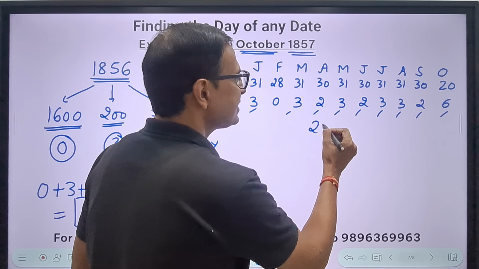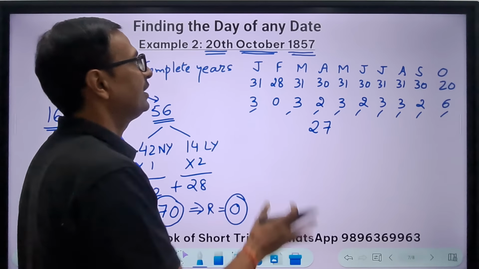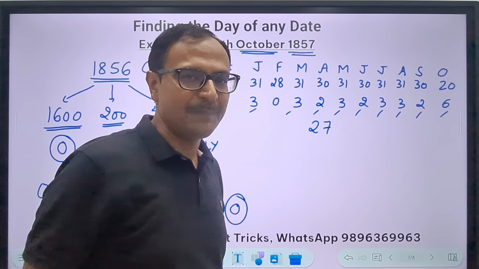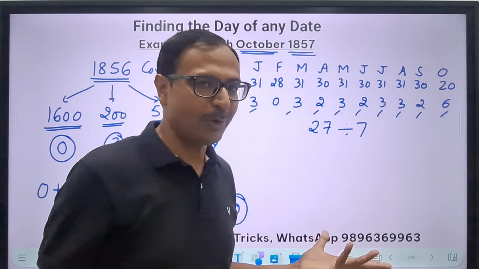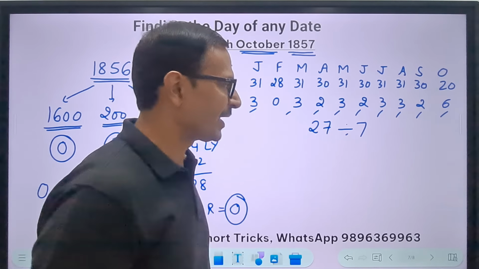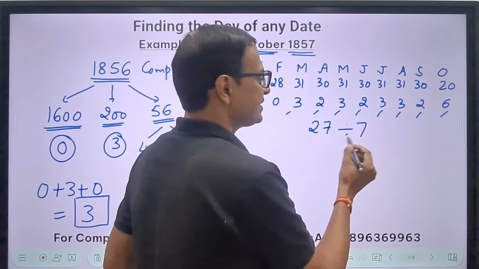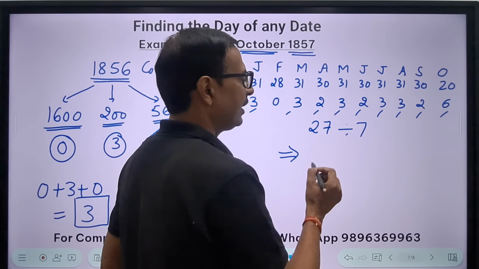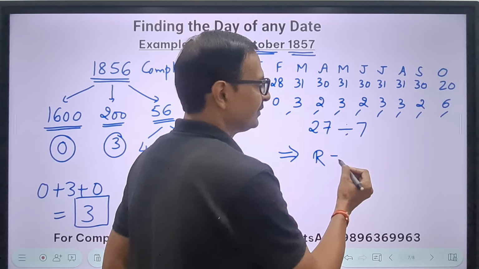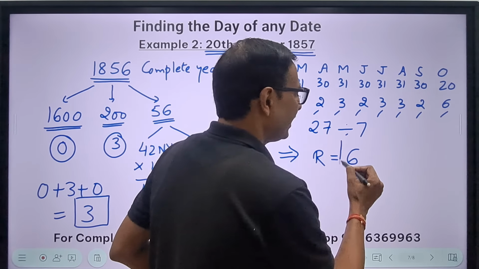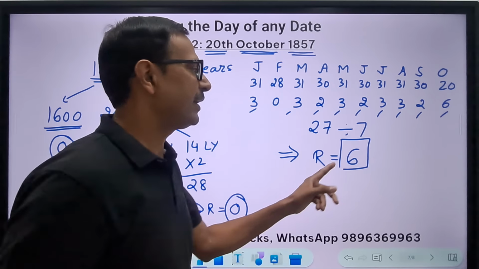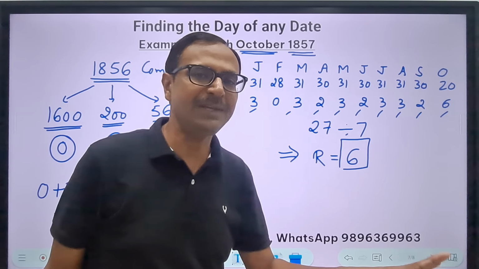See, 27 odd days in the incomplete year. That means you have to divide it by 7 again, because you can't have odd days greater than 6. If you divide 27 by 7, 7 3s are 21, the remainder is 6. This is the number of odd days in the incomplete year.